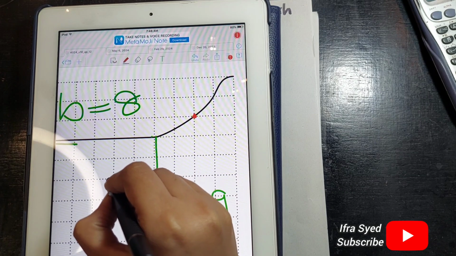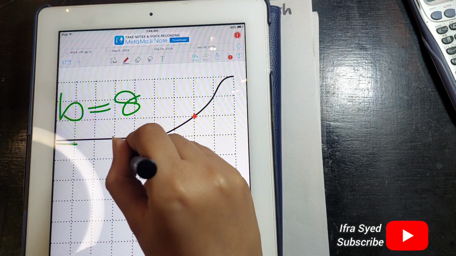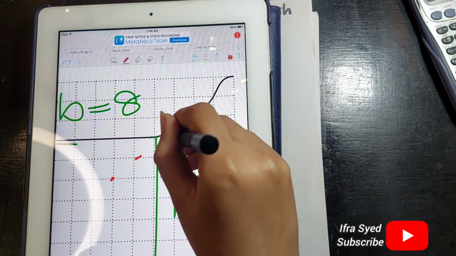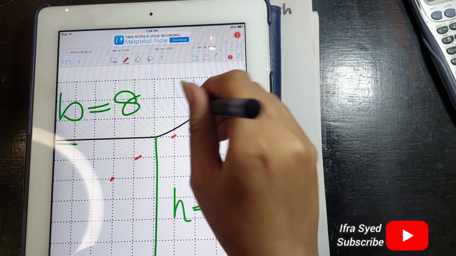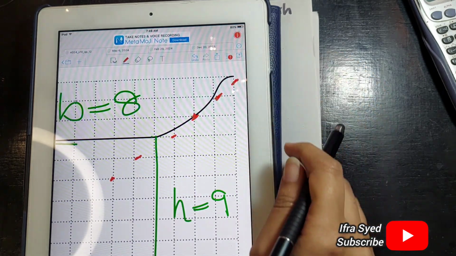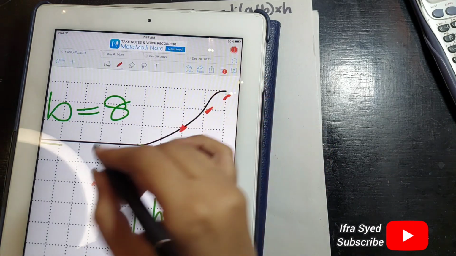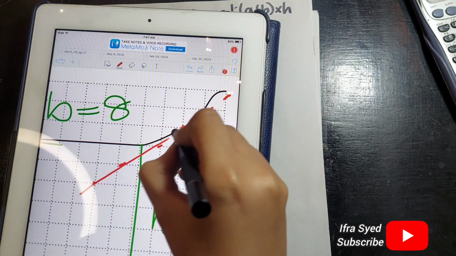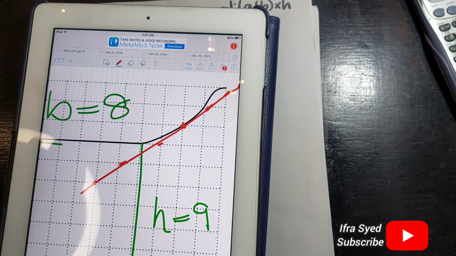For drawing that line, I will draw small points here to make it a proper tangent line. I will follow all these points to draw a tangent line. So this is our tangent line that touches the curve at this point.